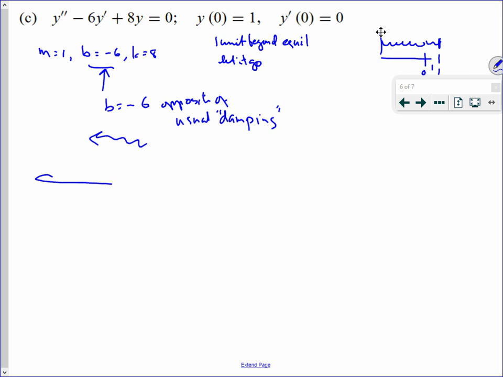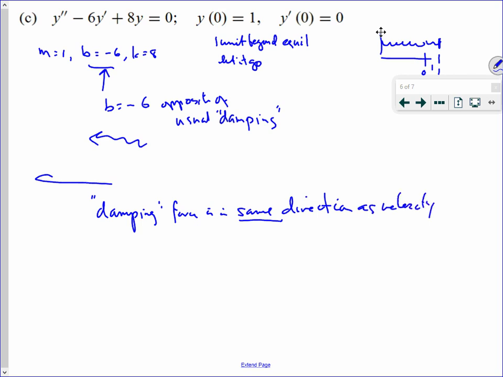So it's going to apply a force in the same direction as the velocity. So the damping force is in the same direction as velocity.